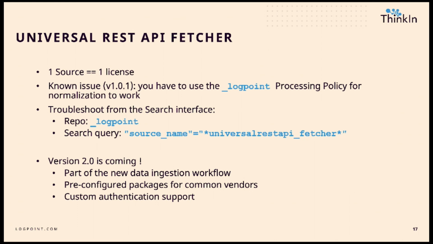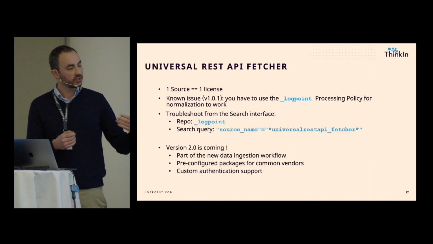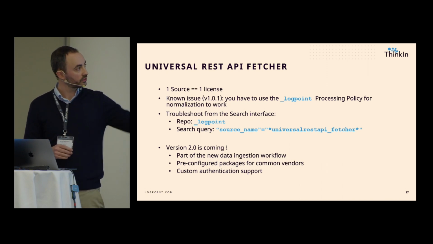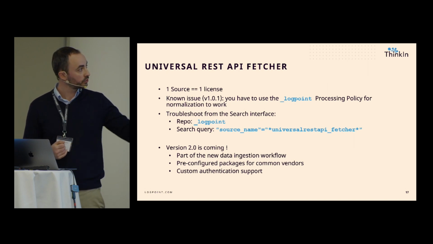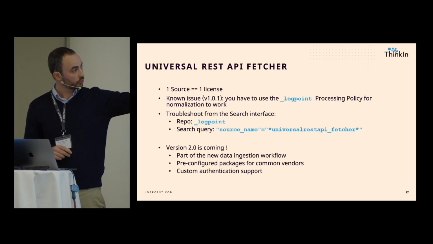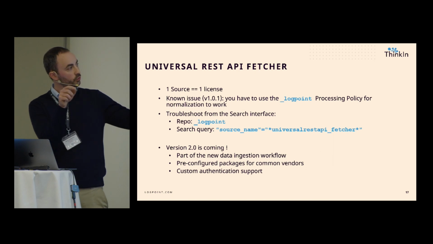It means that you have to edit the _logpoint normalization policy with the normalizers that we are going to see afterwards. For troubleshooting purposes, in the interface you have access to an error message, but for in-depth details, everything is logged internally by Logpoint in the _logpoint repository, and the source name is this one with wildcards.